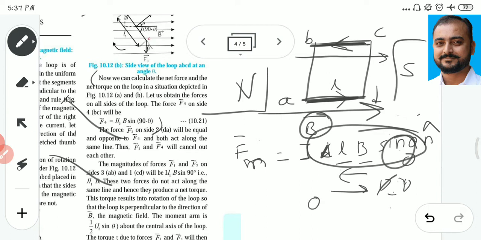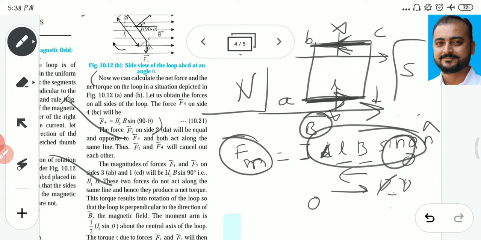So this whole value becomes 0. This means the force has a 0 value, or the forces are equal and opposite and so cancel each other, because they have a 0 value.